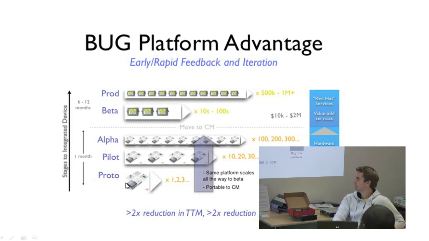Each of these is a bit more ruggedized, a bit more complete, really. You can actually do your prototyping on the same device that you do your pilot and your alpha with, and you can actually give these to people and ask them to go out and use them, and they're not going to fall apart and stuff like that. And only once you get to your beta stage do you actually start putting it into the final boxes.